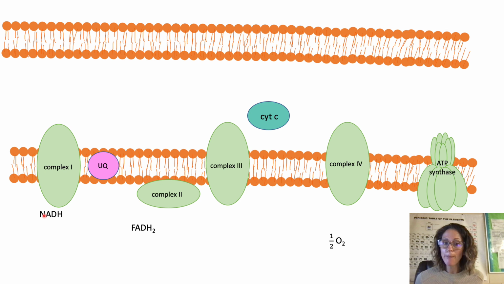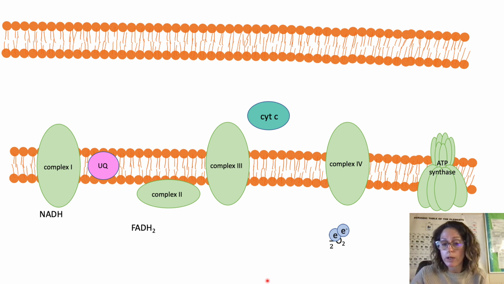So what ends up happening is oxygen way down here is the most electronegative, and it wants 2 electrons to be happy. And so it steals not just one, but 2 electrons from complex 4.